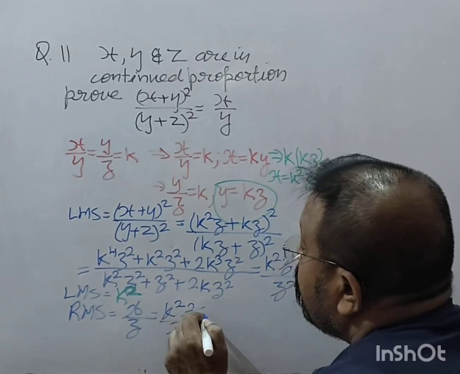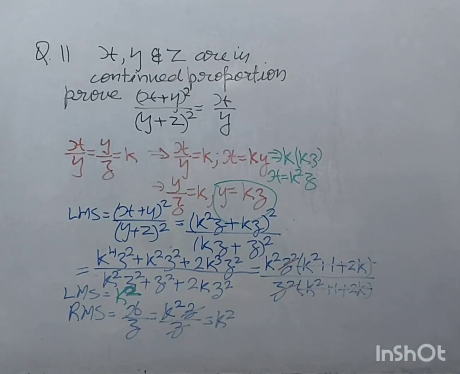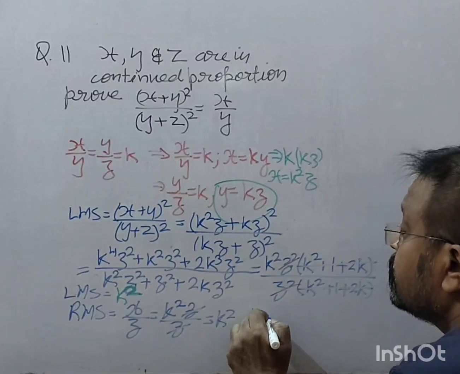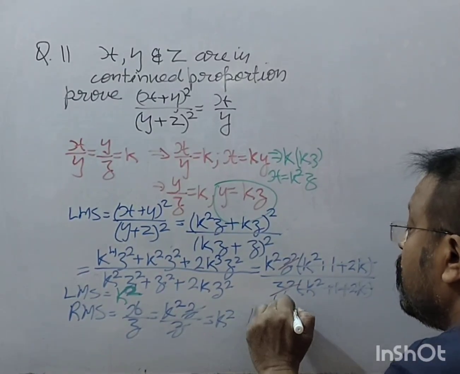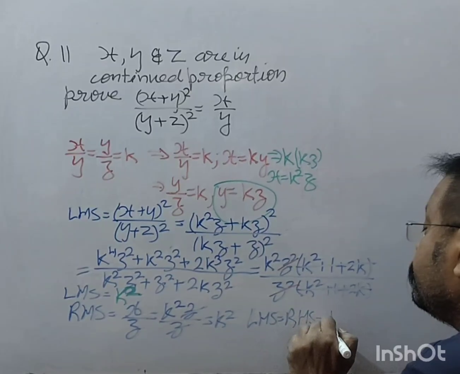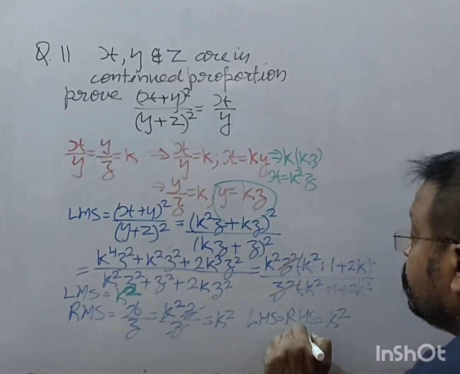So z is gone and you get k square. Right. So LHS is equal to RHS is equal to k square. Hence proved.